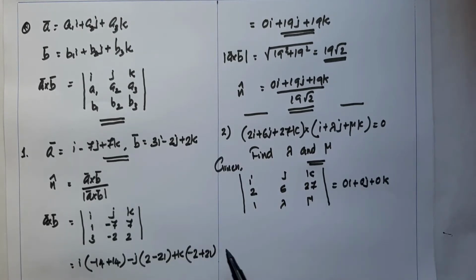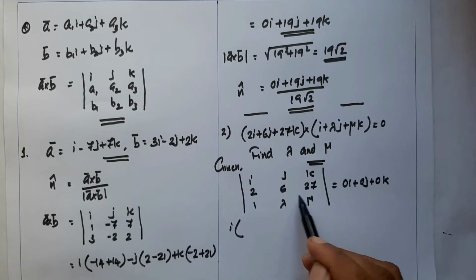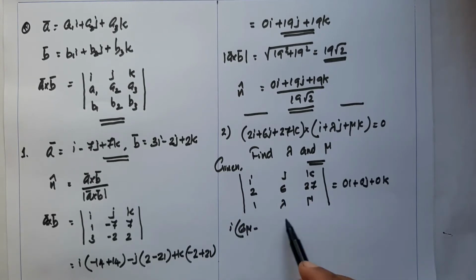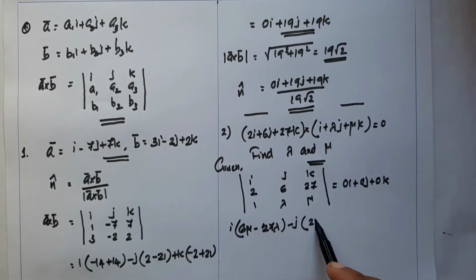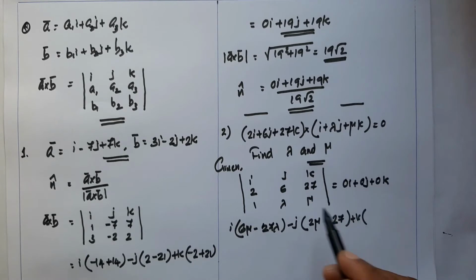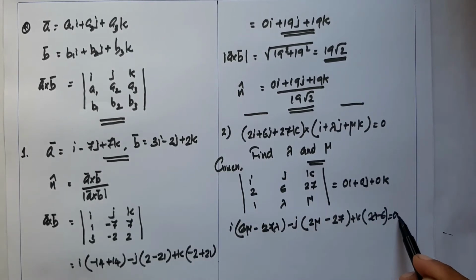Now we expand the determinant: i into 6 mu minus 27 lambda, minus j into 2 mu minus 27, plus k into 2 lambda minus 6, is equal to 0i plus 0j plus 0k. Equating the i term, we get 6 mu minus 27 lambda is equal to 0.